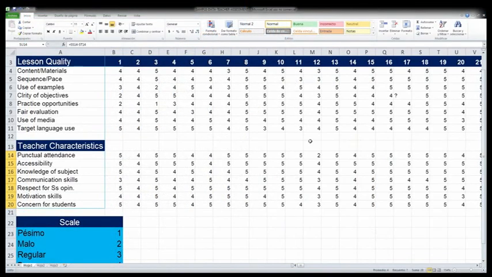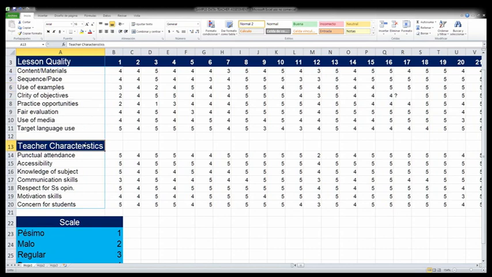This is a second example, and in this case we have the results from a survey using a questionnaire. Now, first of all, let me tell you, the questionnaire, if you remember, assessed lesson quality, and we have the different elements like contents and materials, the sequence, pace, the use of examples, and so on.